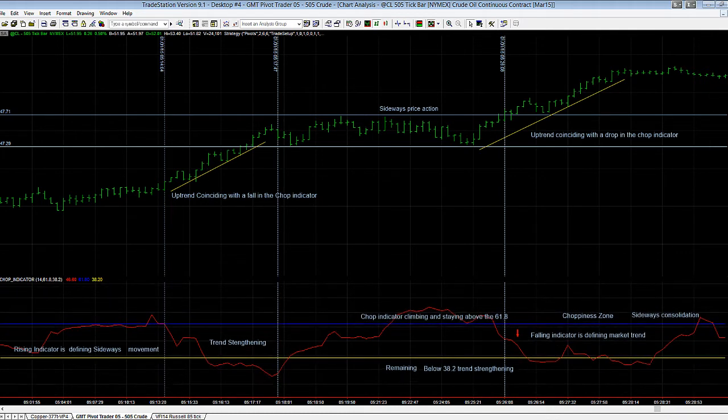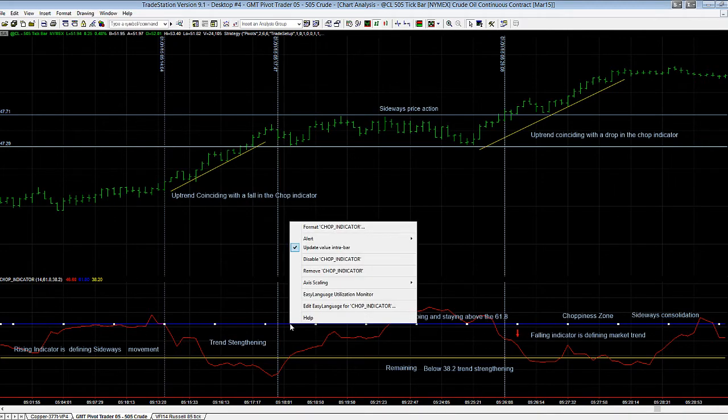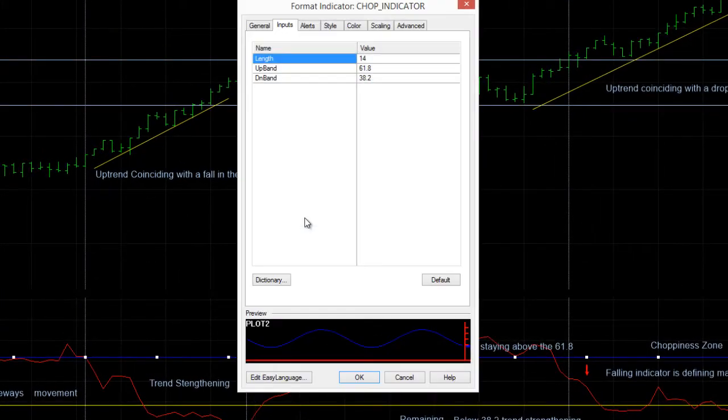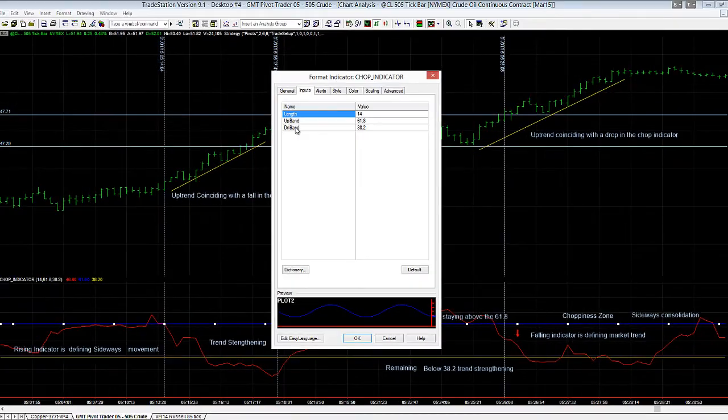We've got these upper and lower limits, which are basically areas where we believe you're going to get significant identification of the type of market you're potentially trading. These areas are marked at certain values. The top area is marked at 61.8, and our bottom band is 38.2. We've got a length of 14, the default's 10.